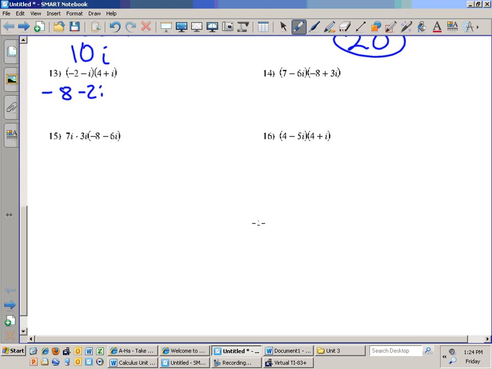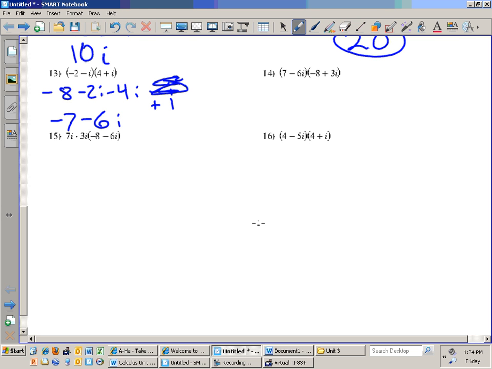Negative I times 4 is negative 4I. And negative I times positive I will write as negative I squared for the time being. So what do I get if I square I? I get negative 1. So this becomes a plus 1. So I'd have a negative 7 minus a 6I. So that's how you FOIL them.